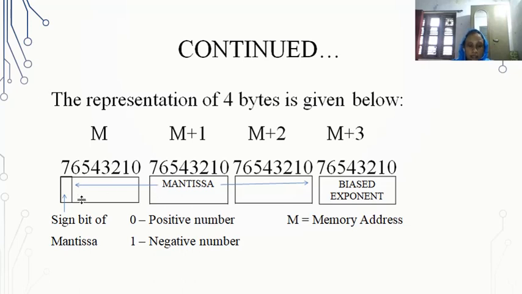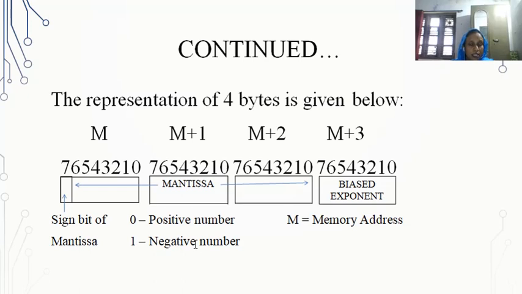Okay, in this the leftmost bit, that means the bit in this position, represents the sign bit of the mantissa. If 0 here, the mantissa is positive. If 1 here, the mantissa is negative.